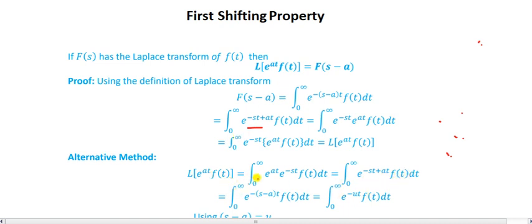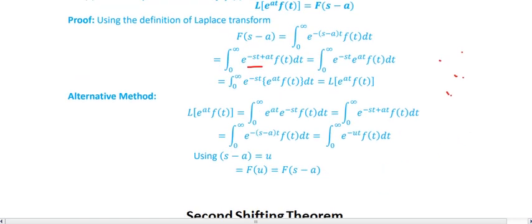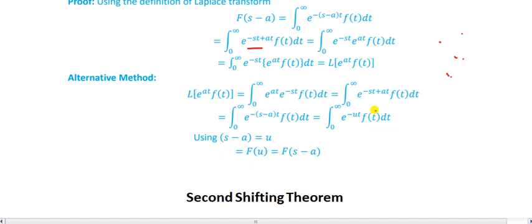As we have in the left hand side the Laplace transform of e to the power at f of t, using the formula, e to the power minus st, and the function is e to the power at f of t dt. After multiplication, we will have e to the power minus s minus a t and f of t dt.